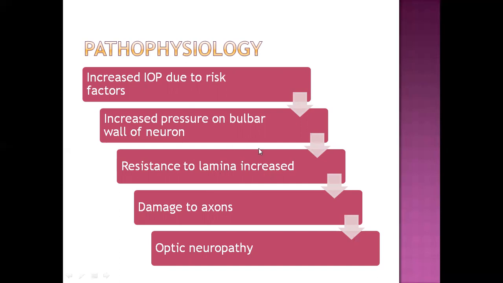That means the surface of the eye that passes the nerves to the brain becomes resistant to pressure. That is why there is damage to the axons of the nerve. And finally, there is optic neuropathy. That means the channel of communication between eye and brain breaks down. This is the reason of vision loss.